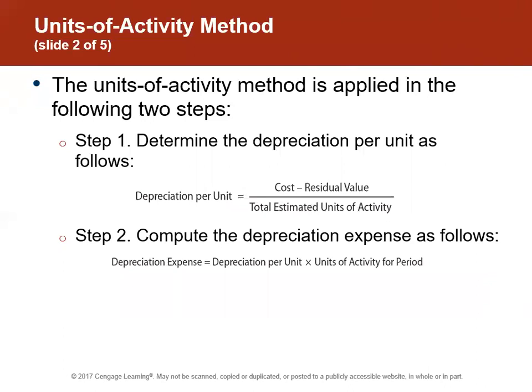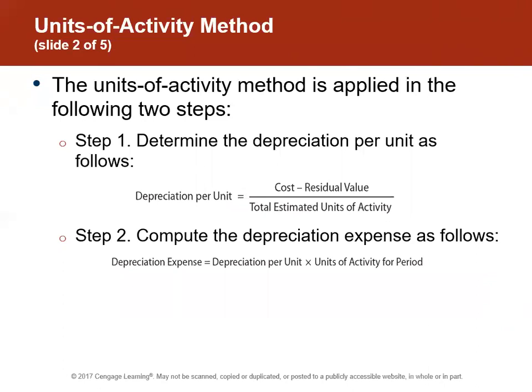Cost minus residual value gives that depreciable cost. Instead of dividing by useful life in years, we're dividing by total estimated units of activity. So it just has a new useful life: how many units of activity this machinery is going to be capable of producing.